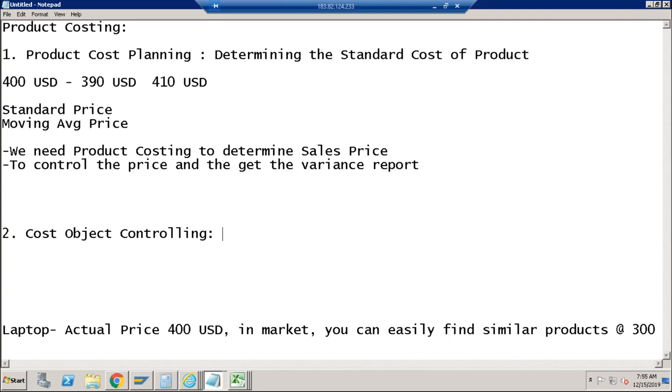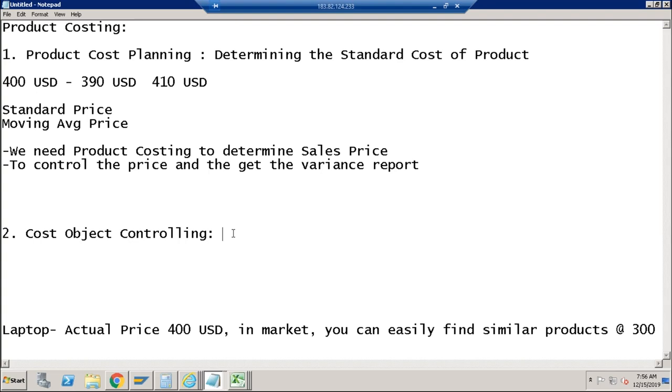In cost sheet, or components of the cost, I'm assuming. No. Those components you will be using here in the product cost planning itself. The cost components and the cost sheets will all be required whenever you are determining this 400 USD as a standard cost.